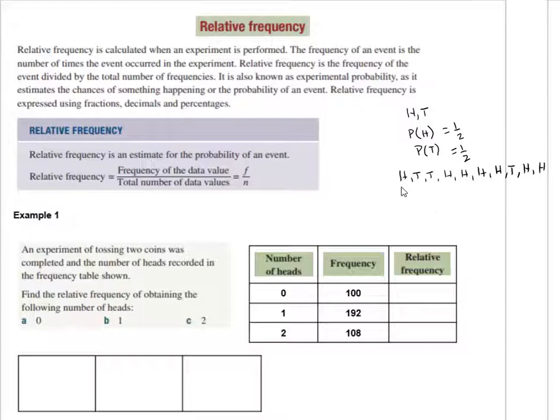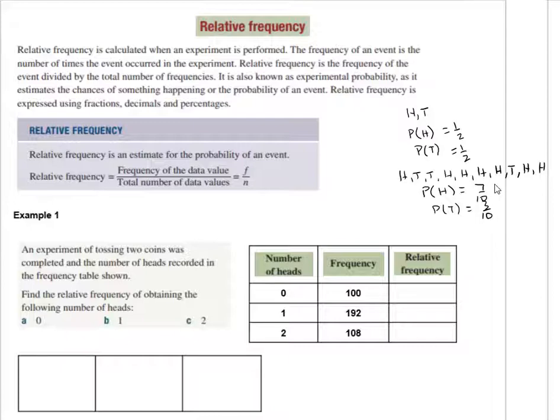So in this case, if we just looked at this experiment, that experiment would tell us that the probability of getting heads would be 7 out of 10, and the probability of getting tails is 3 out of 10.